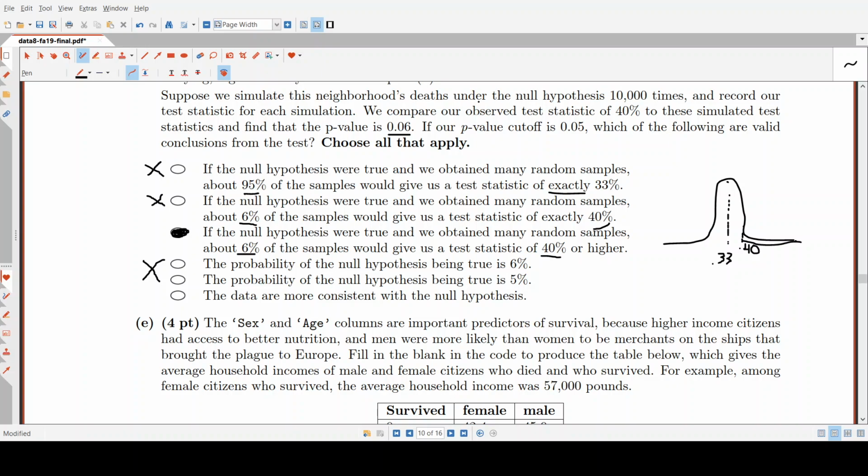So even though our p-value is 6%, this is not a correct application, because if it's 6% and our cutoff is 5%, we know for a fact that we will not reject the null in this scenario. The last one is that the data are more consistent with the null, and that's true by definition. Our p-value is higher than the cutoff, meaning that we should accept the null hypothesis.